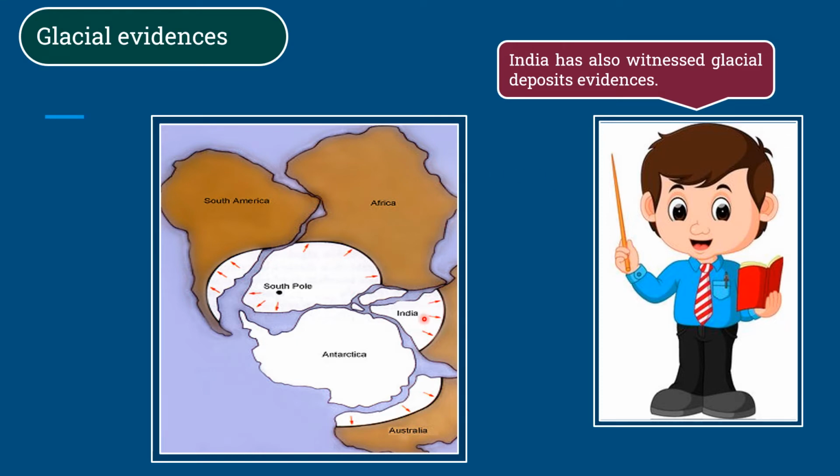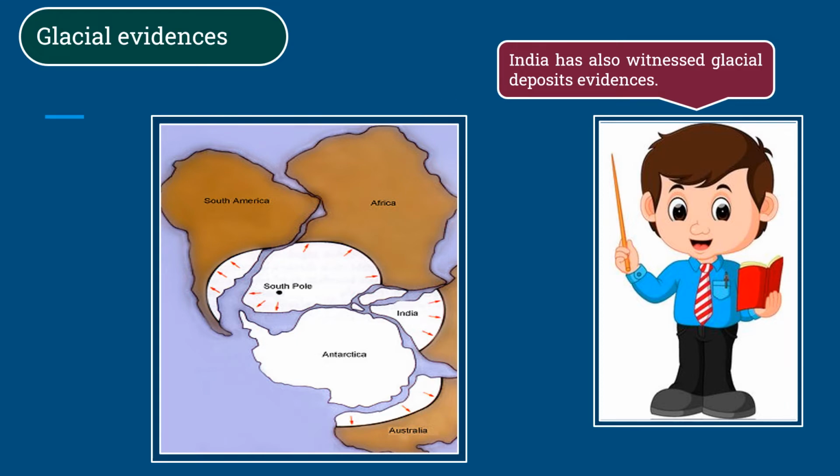But India is now not in the polar regions, yet glacial evidence was found there. It means there might have been a big adjoined landmass near the pole, and India has drifted away from the polar regions towards the tropical regions. So there must be some force working behind these movements.